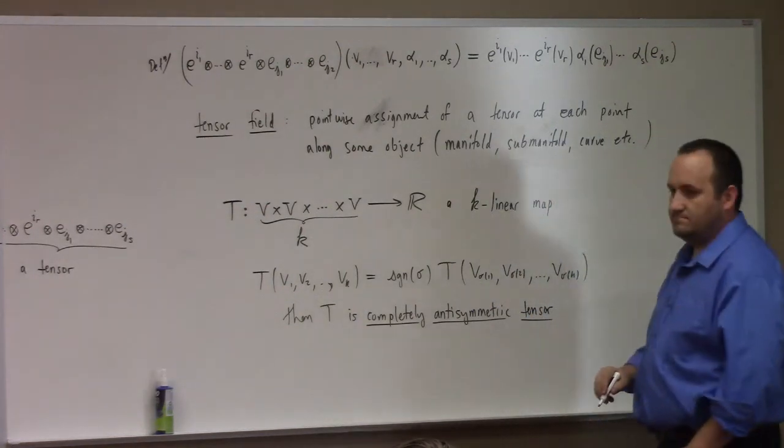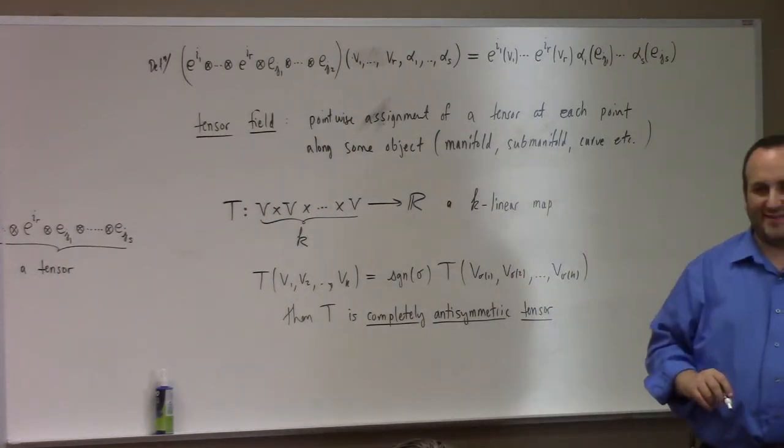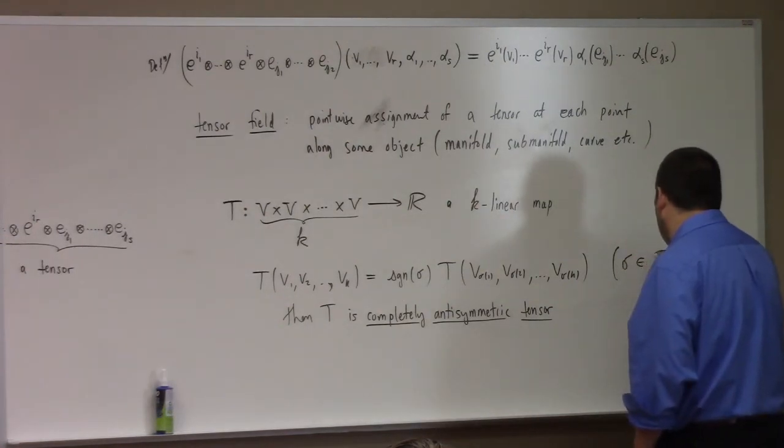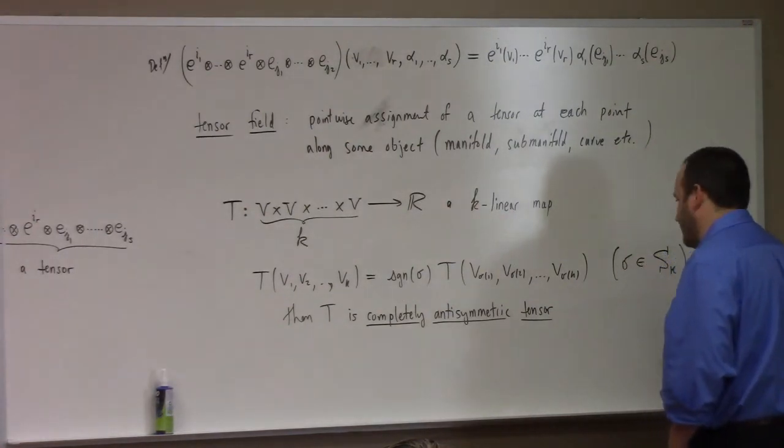Oh, sigma is in S_k. Yes, thank you. Here, sigma is an element of the permutations on k elements.